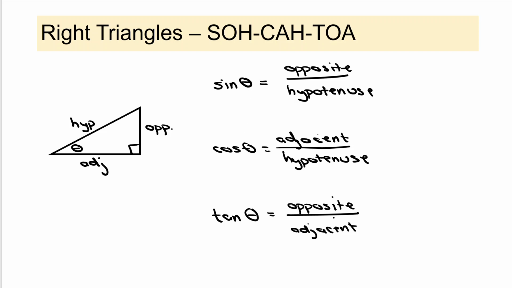All right, so let's talk about a little memory aid here. You may have seen it before. It's called SOH-CAH-TOA. It's just a little mnemonic device. Sine is opposite over hypotenuse. So that's your SOH.